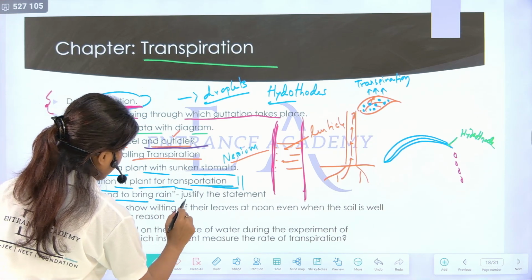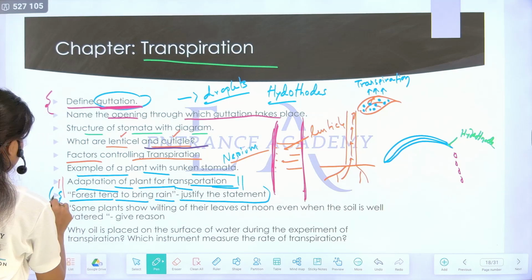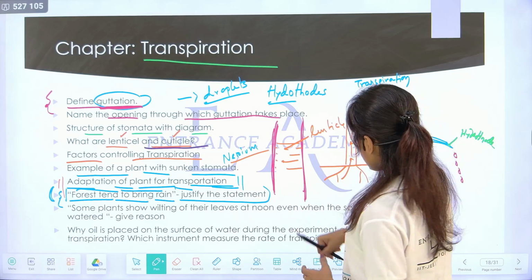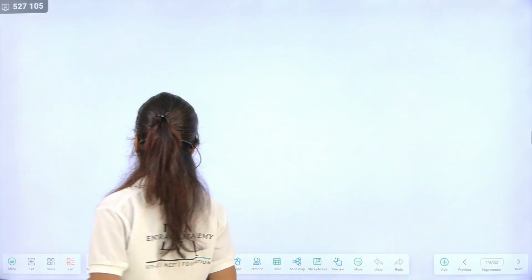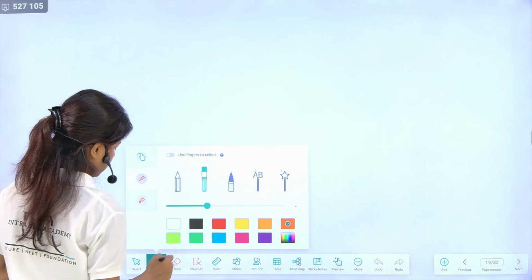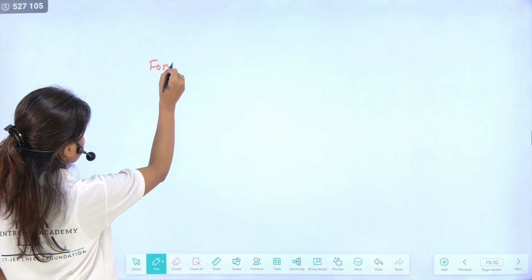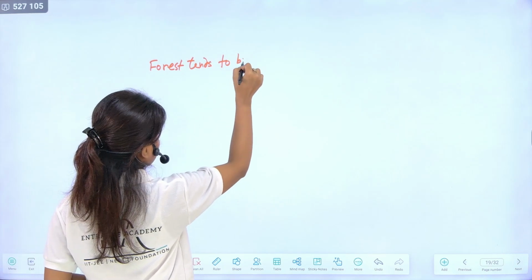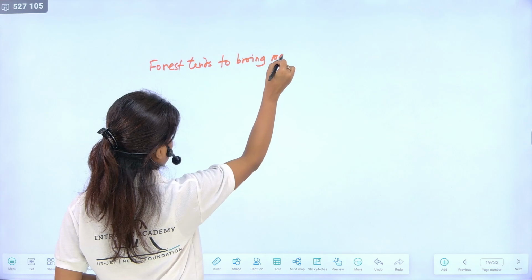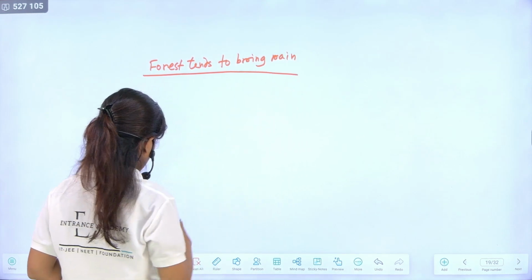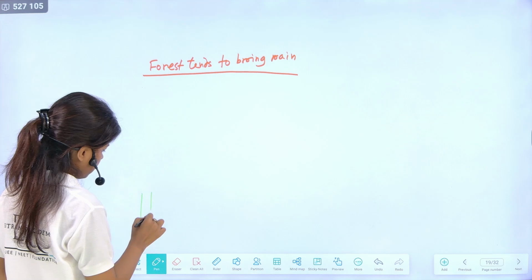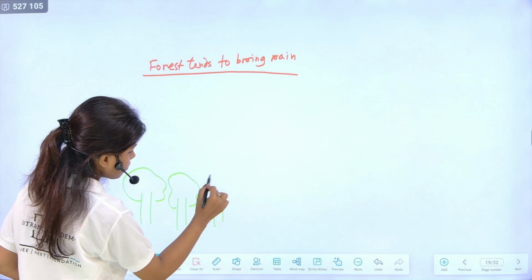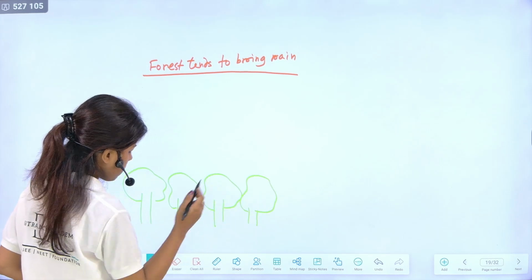Forests tend to bring rain. Justify the statement. In a forest area, the number of aerial parts or number of trees is much higher.